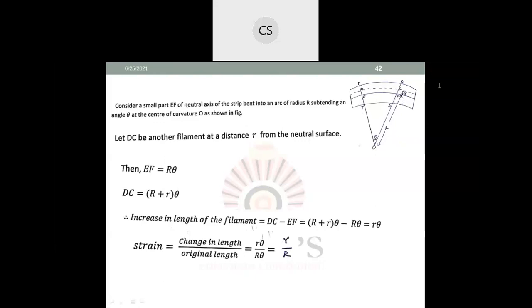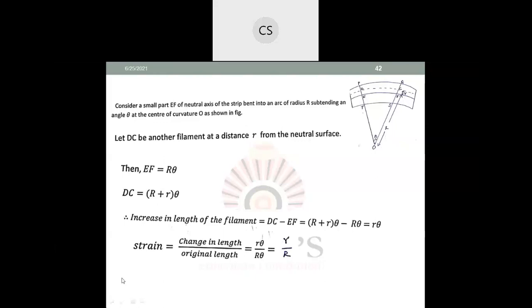In the same manner, DC is another filament, which is slightly above the neutral surface at a distance small r. Then you can write that the neutral filament EF is equal to R into theta, because theta is a small angle, please remember, even though I have shown it very big.